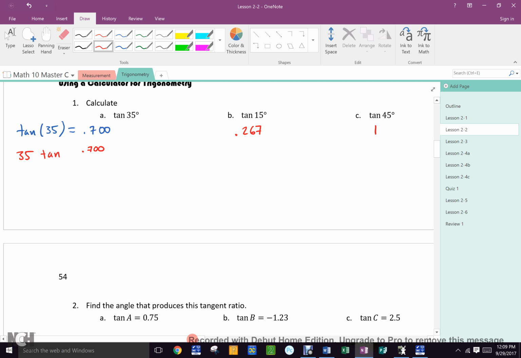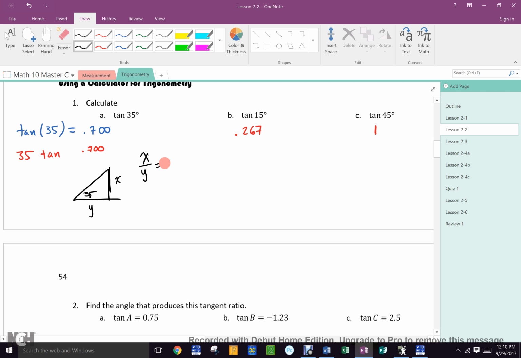So that means this first triangle must have an angle of 35, because that's the angle, 35 degrees. And if I were to compare this, x, and this horizontal, y, x divided by y would equal 0.700. Does everybody understand that concept?